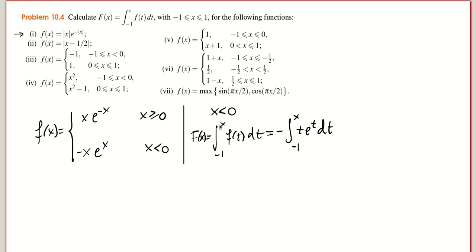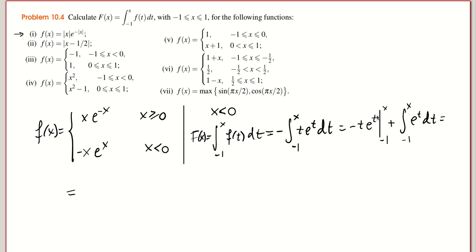All right, so we have this, and then we integrate by parts. So what we have is minus t e^t between -1 and x, and then minus, so with this minus it is a plus, the integral from -1 to x of the derivative of t, which is 1, times e^t dt.